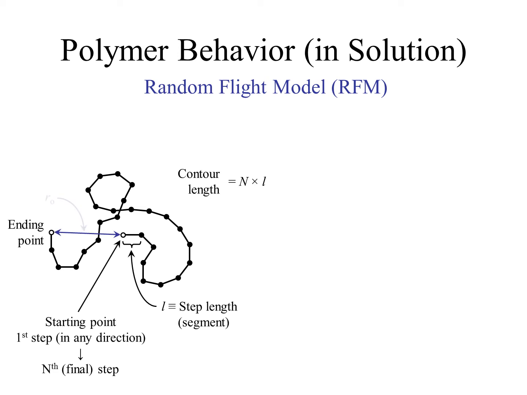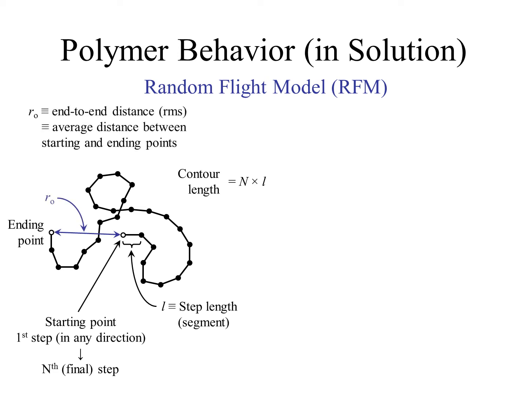We refer to the distance he ended up from the light post as r sub naught. It is the final distance as shown here between the two ends of the polymer chain. Hence, the r sub naught is called the end-to-end distance. The RMS, in parentheses, stands for root mean squared and is a technicality from how it is calculated. Clearly, as the polymer wiggles around, this end-to-end distance keeps changing.